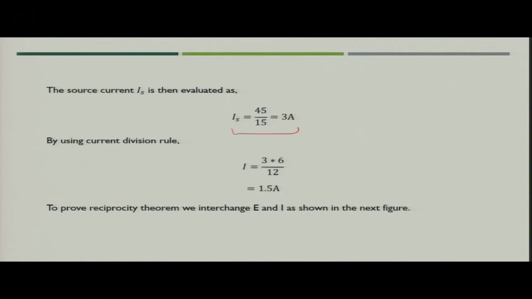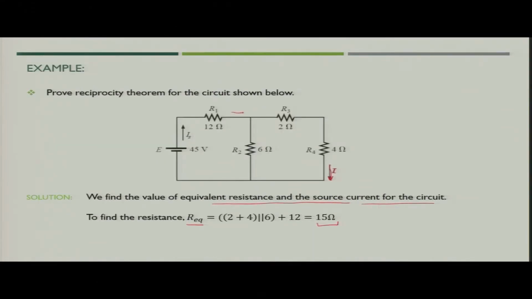Now, you can use current division rule, because here the current is being divided into 2 parts. So, the current flowing in this would be the value of resistance this divided by the sum of the resistances.